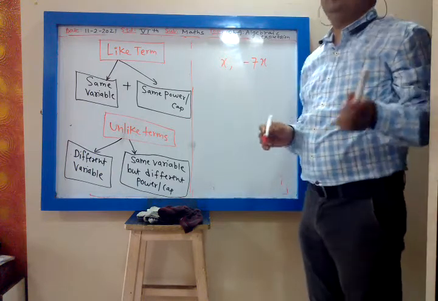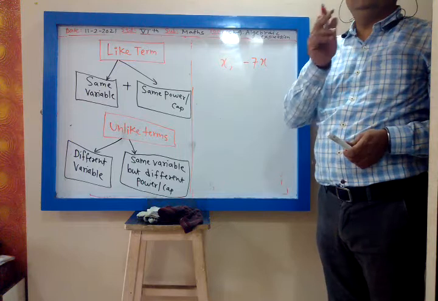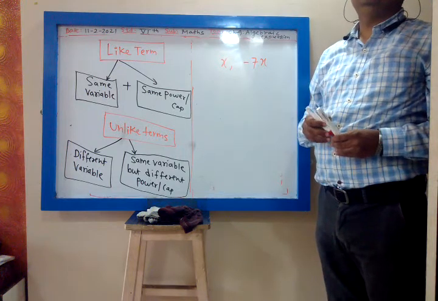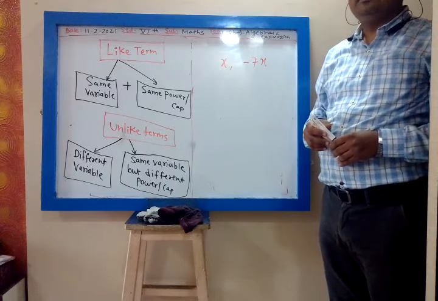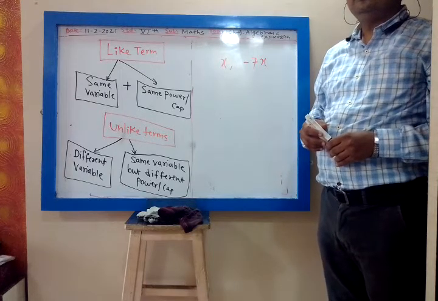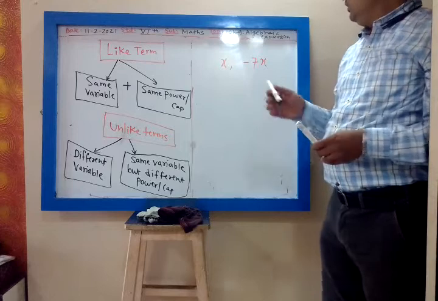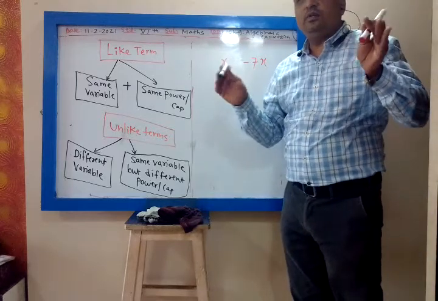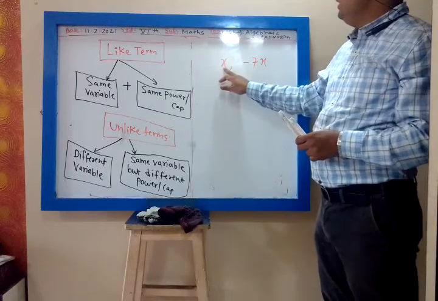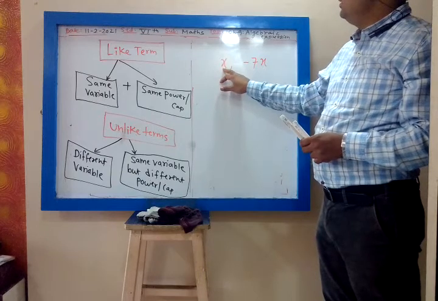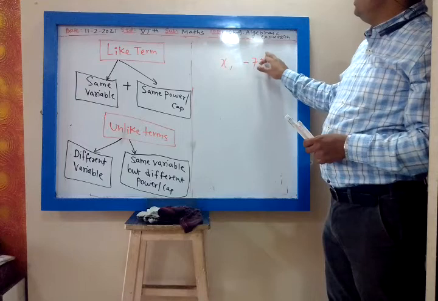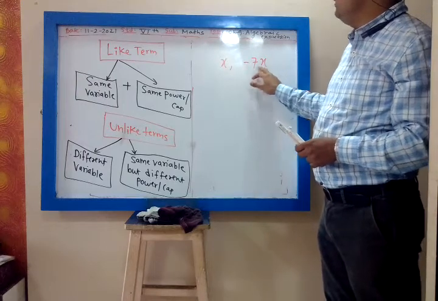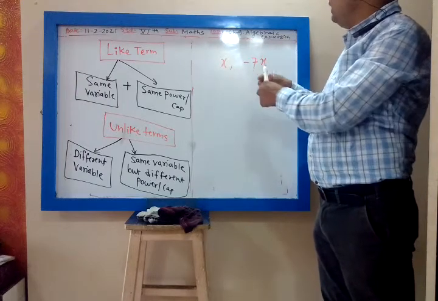My question is whether they are like terms. What is the variable? x. What is the power of x? 1. So same variable, same power, so they are like terms.